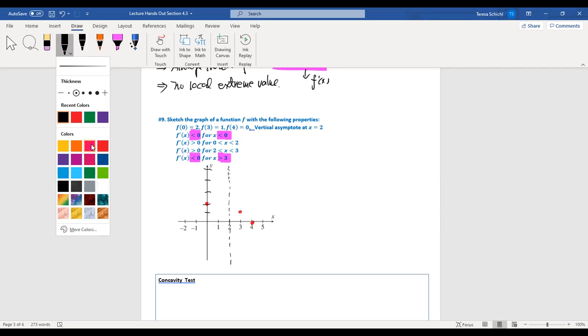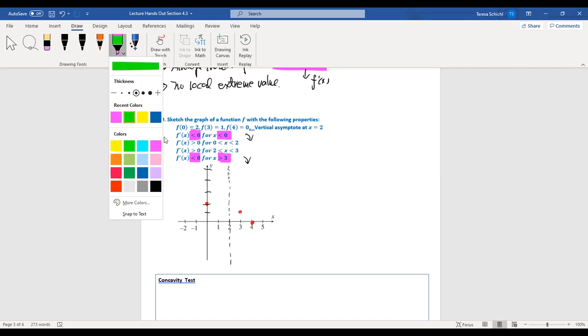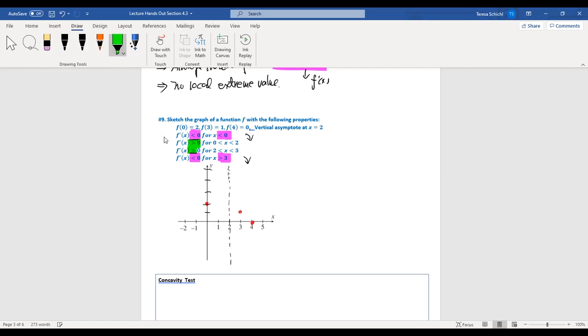Both of them are decreasing. And because this is an asymptote here, from 0 to 2 is greater than 0, greater than 0 here. What does that mean? That means those are increasing here.